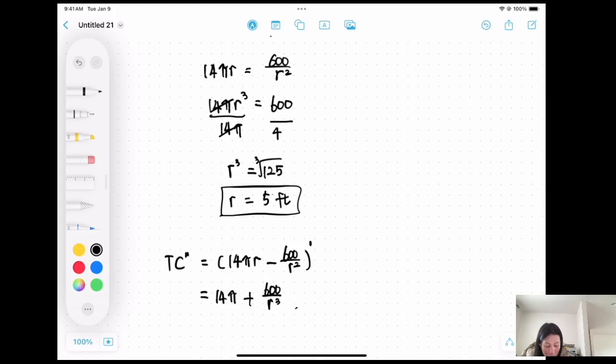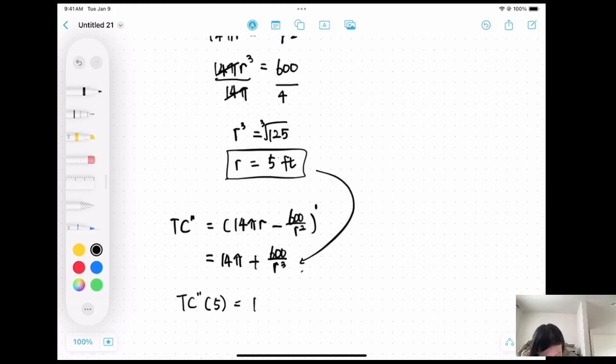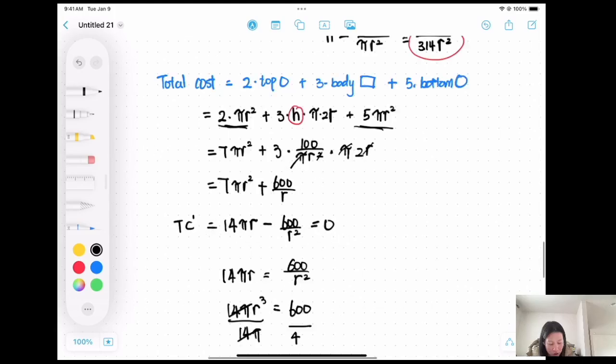Okay, so this is always greater than 0 because 14 times pi is greater than 0 at a positive number. It's greater than 0. So that means at that point, this is going to be concave up. If it's concave up, that means when the radius equals 5 feet or inches, do they use feet or inches?